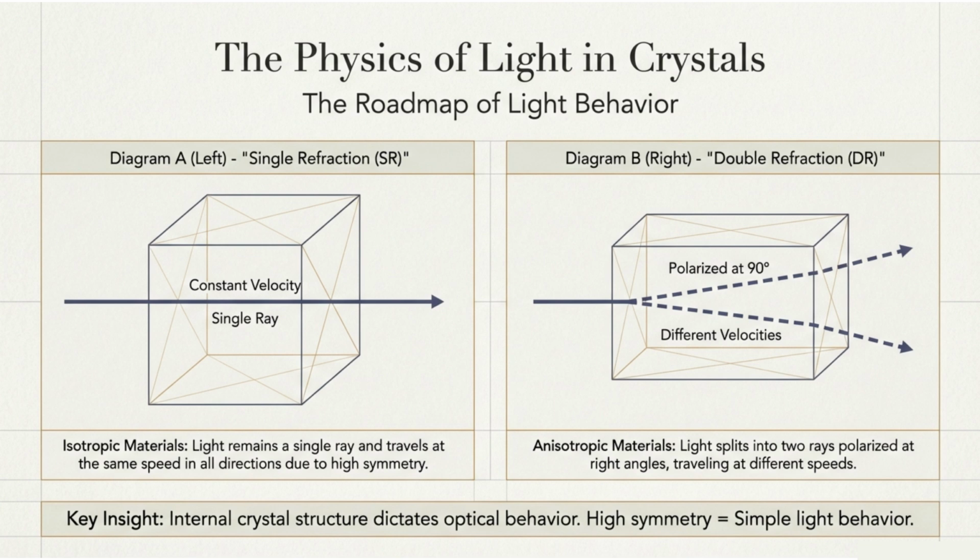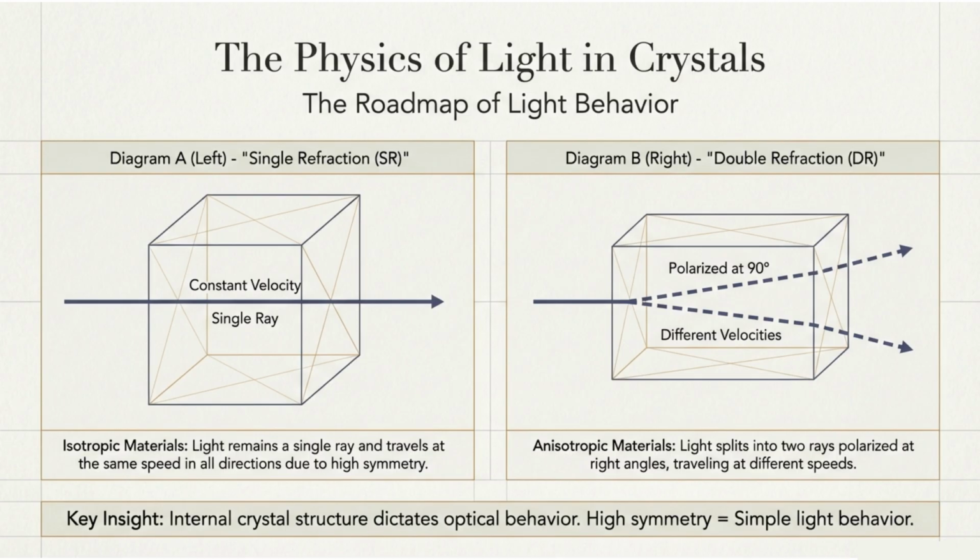In isotropic materials, the internal atomic structure is so symmetrical that light sees the same environment no matter which way it goes. Think of it like running on an endless, perfectly flat soccer field. No matter which direction you sprint, the ground feels the same. In anisotropic materials, the atomic spacing and bonding change with direction.